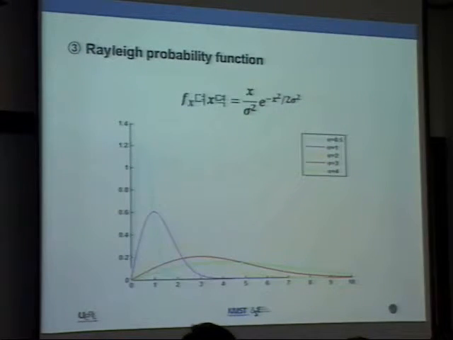The third one is the Rayleigh probability model. The function of it is like that, and it has a parameter, sigma. Depending on the parameter, there are many kinds of shapes of the function.